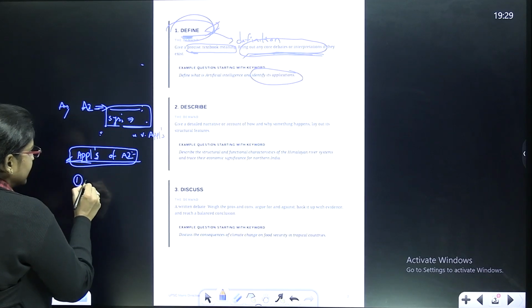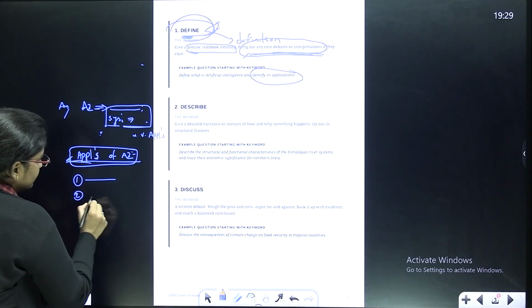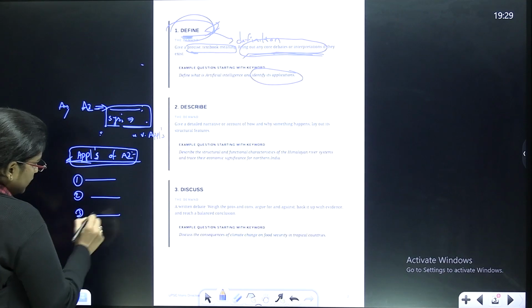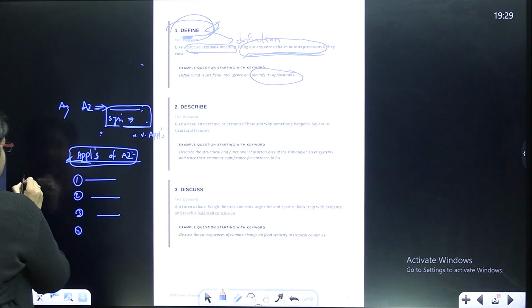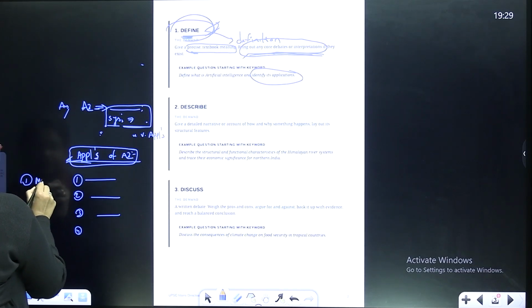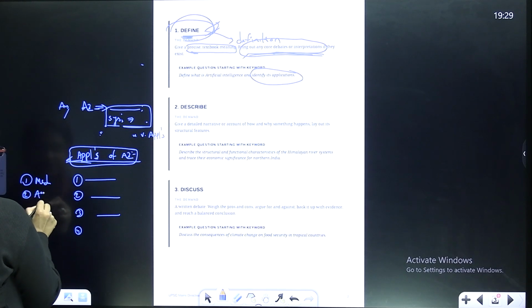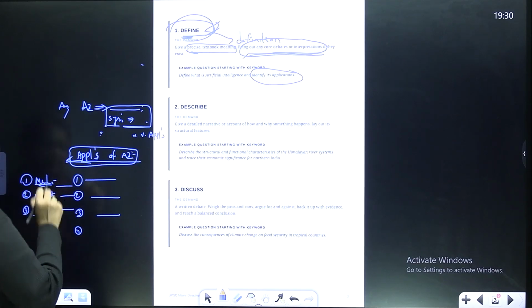Some people may write one by one in point-wise format, or some people may use different side headings. Let's say applications in health and medicine, applications in agriculture, various applications in education. So like this, people will keep separate side headings for each and every point and write.